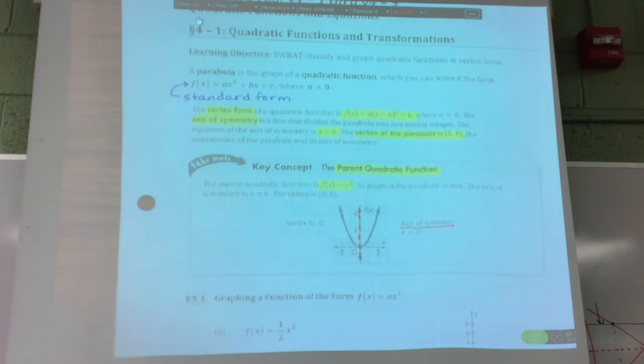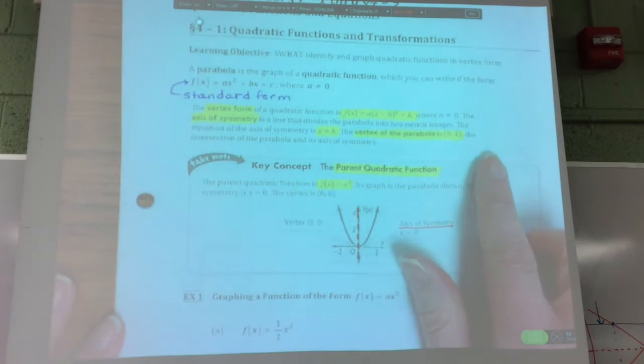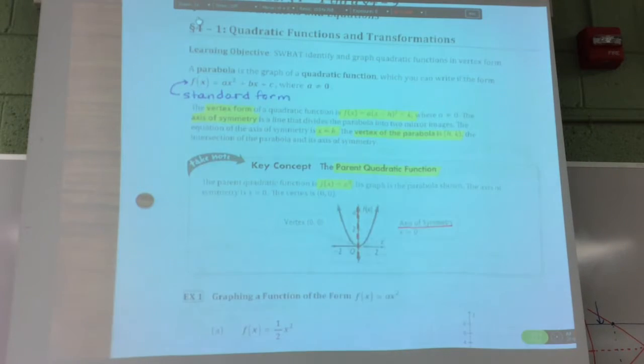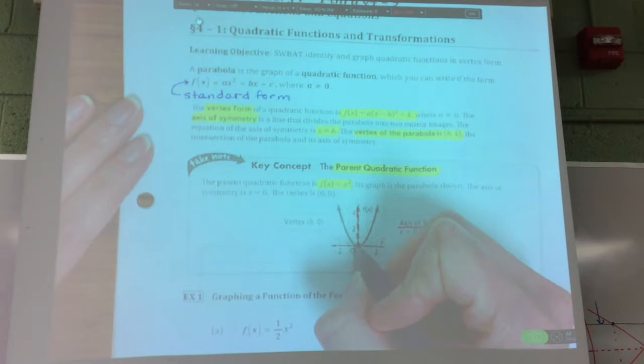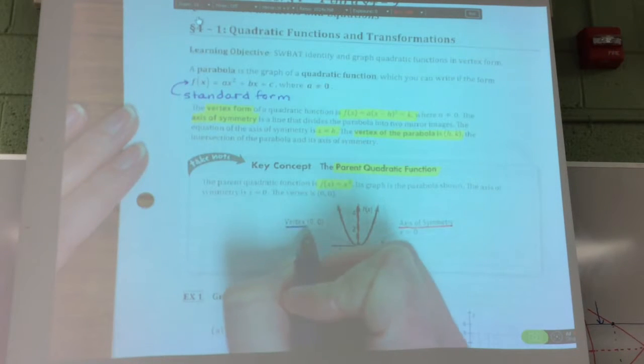Same thing with a parabola. And I think we're now beginning to understand that it's not just h, it's the equation x equals h. Okay, because I know that came up as an issue on that Chapter 2 test. So, the vertex of the parabola is this point right here. The vertex.